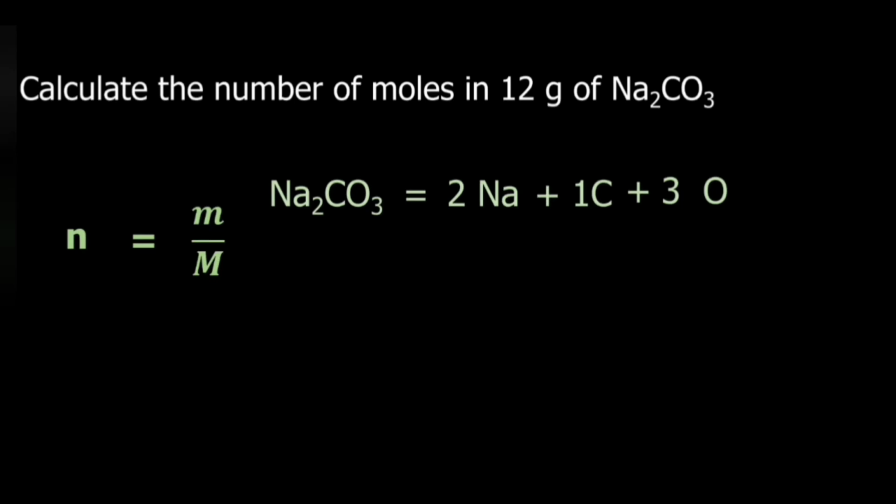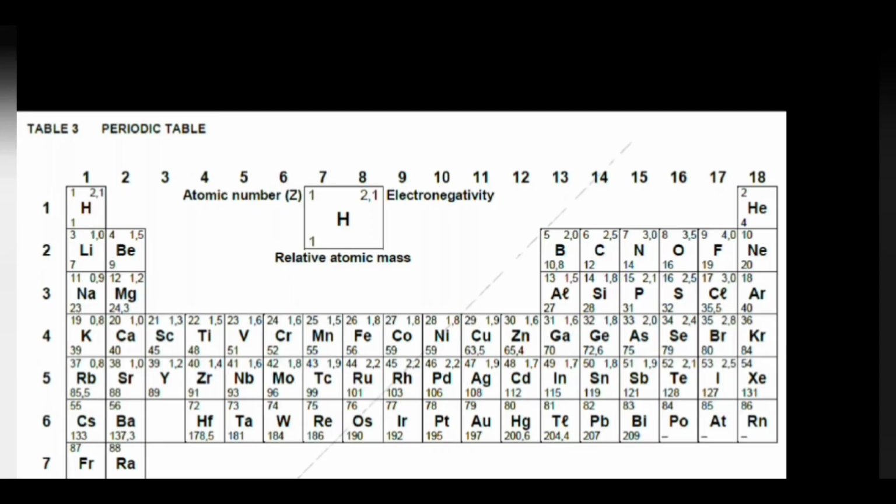I now need the mass of these atoms, and I need to go to the periodic table to get the mass. Well, the relative atomic mass for a sodium atom is 23, according to the periodic table, whilst that for carbon is 12, and that for oxygen is 16.